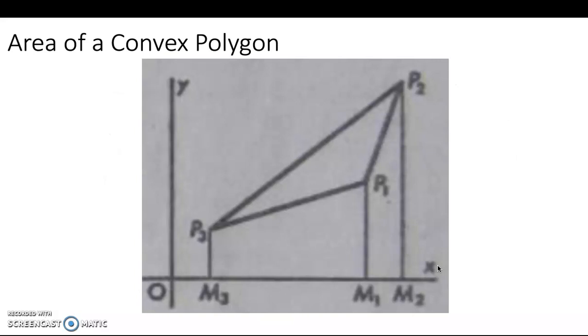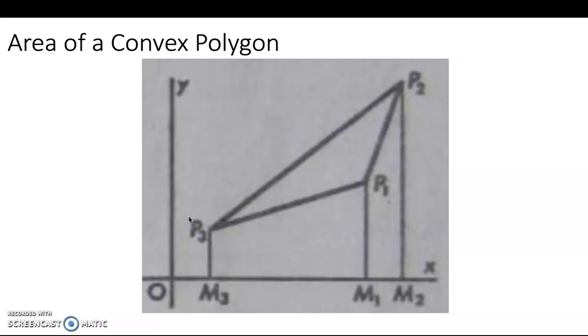To derive the area of a convex polygon, we will start first with a basic polygon, which is the triangle. We want to get the area of the triangle P1, P2, and P3, given its vertices. So how are we going to find the area of that?